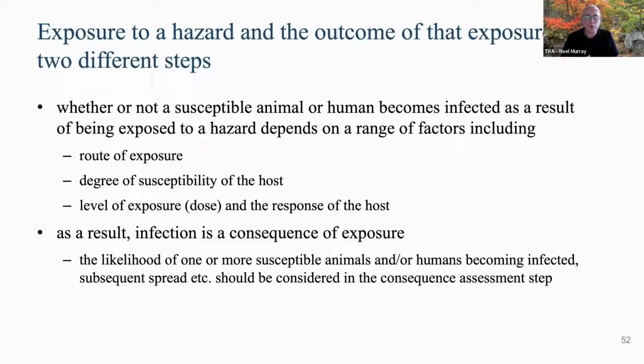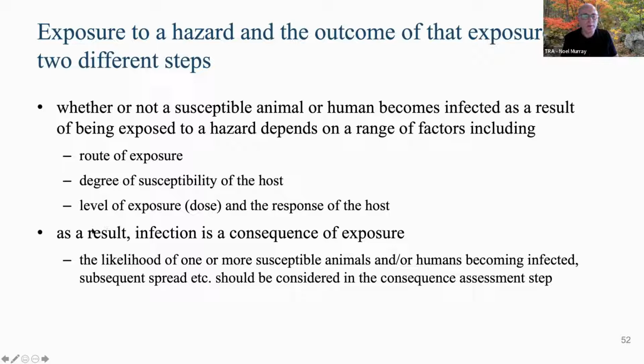So whether or not susceptible animals or humans actually become infected as a result of being exposed depends on a range of factors. We can think about the route of exposure, how susceptible the host is, what's the level of exposure, what's the dose, and what's the likely response of the host.